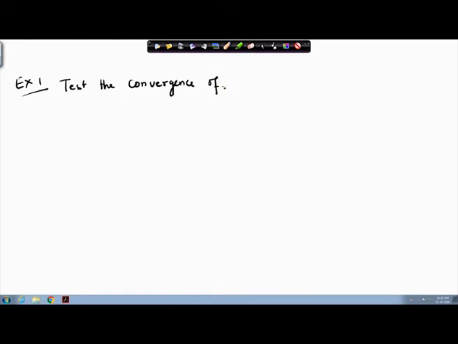of the integral of type 0 to infinity dx by x to the power n, where n is any positive number. Let us say here we have a to infinity, where n is any positive number.